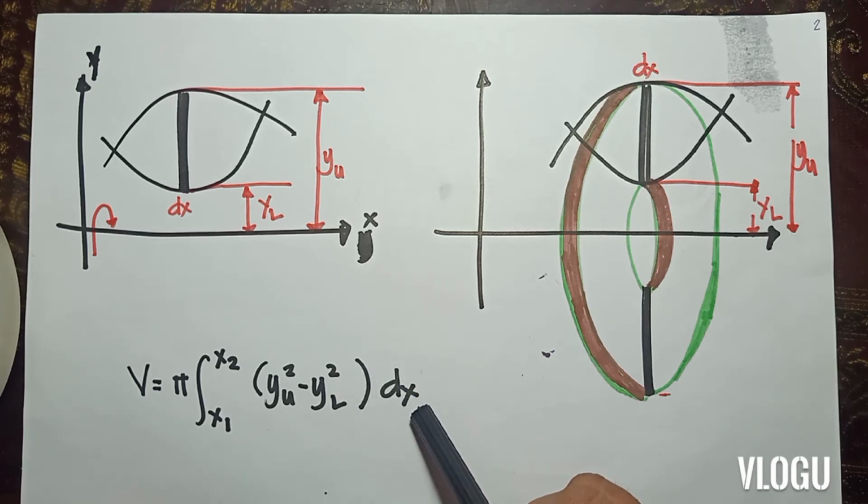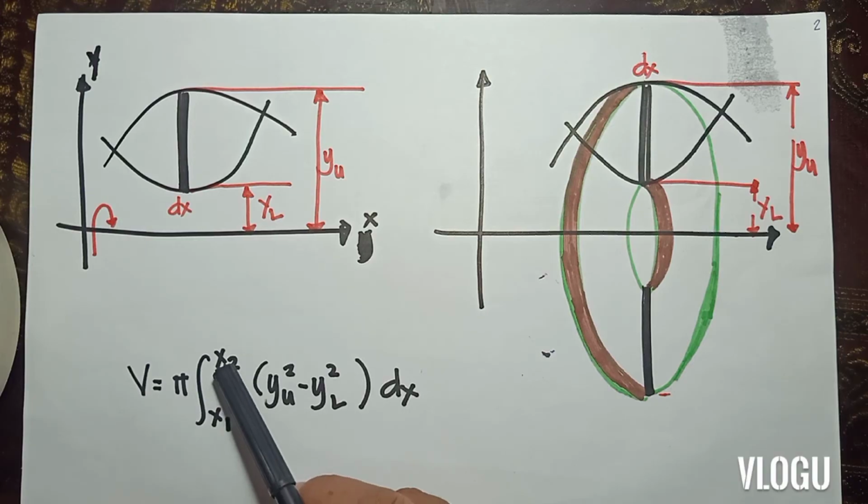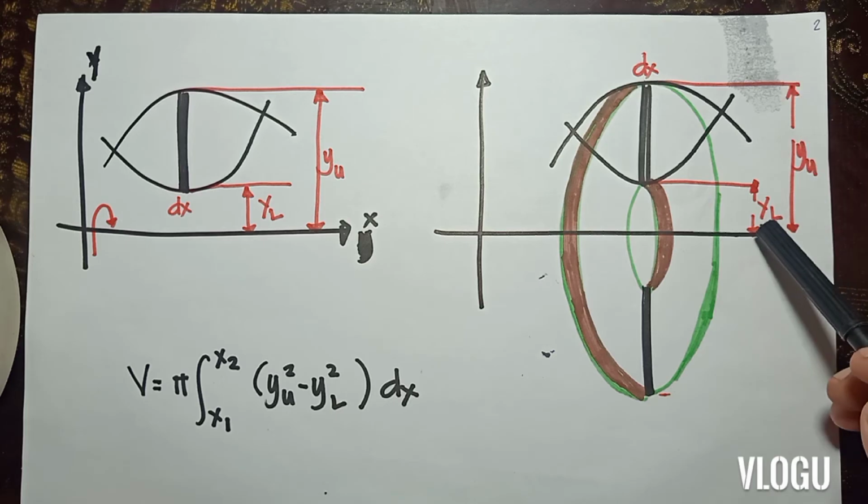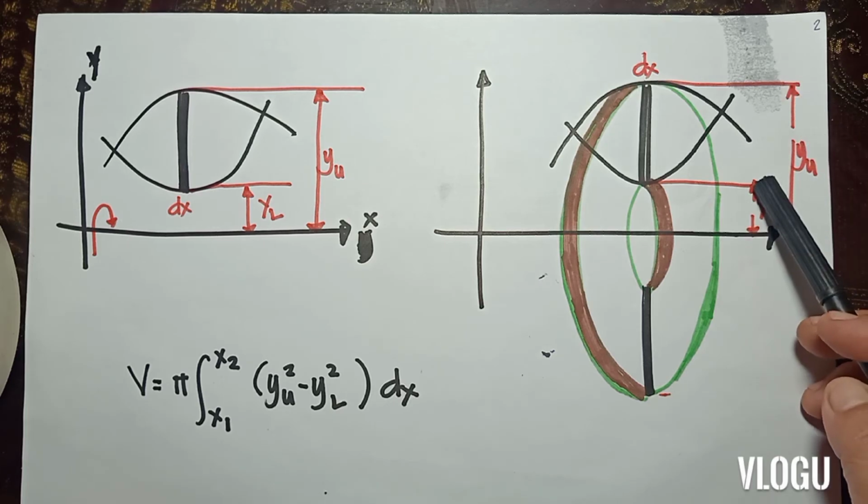Your strip is in terms of the variable dx, evaluated from x sub 1 to x sub 2. So y up, y down.